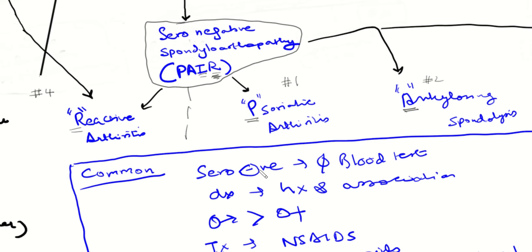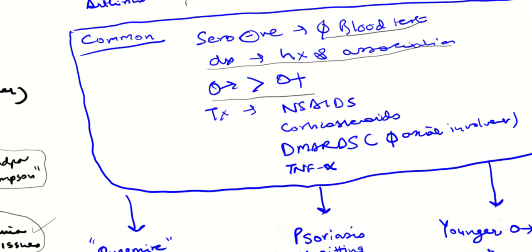They're all seronegative. There's no blood test. Diagnosis is generally history and associations. Okay, males more than females. Treatment is NSAIDs. So again, we don't prefer NSAIDs and corticosteroids, but here actually the treatment for most of them is NSAIDs.